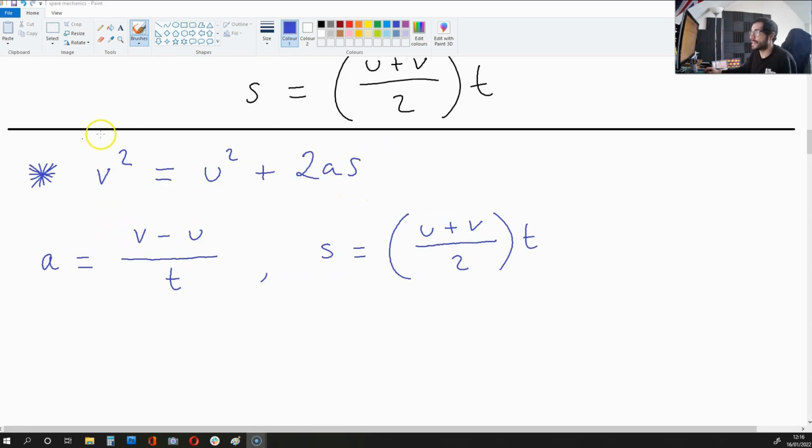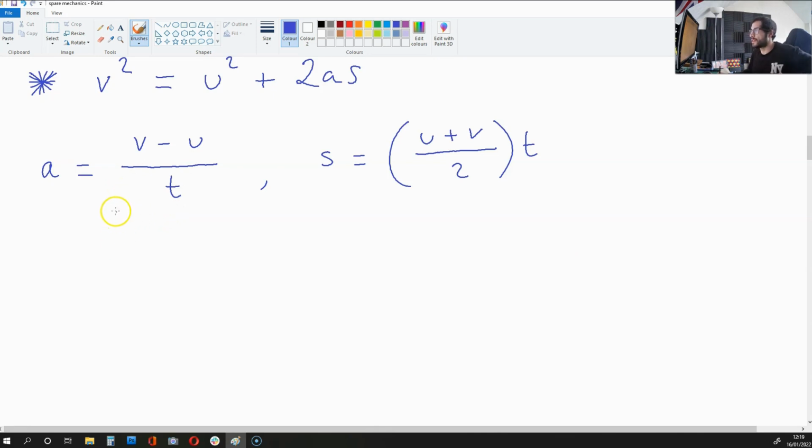Now, how do we get this equation over here? Well, A is V minus U over T, and S is U plus V over 2 times T.